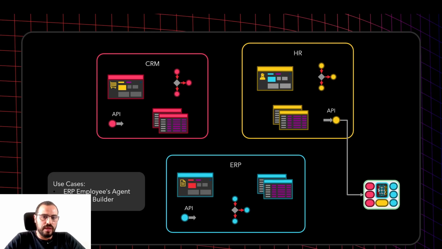So in this case, for example, on the HR, assuming that we would have a smart CV agent, that every time there was a change in an employee's information, he would trigger and create a new CV for that employee. So we could also use an exposed API.